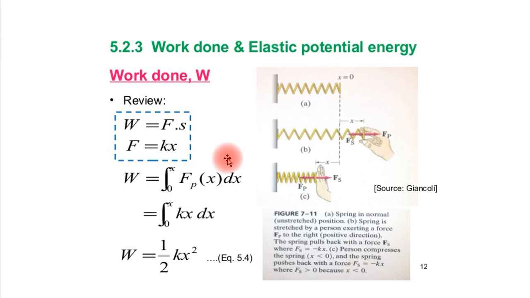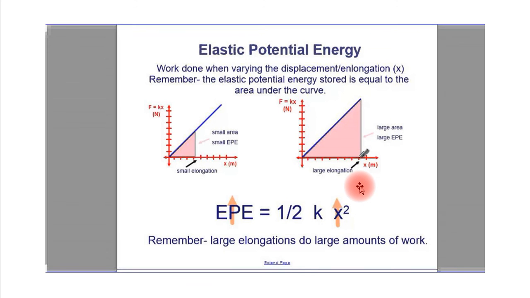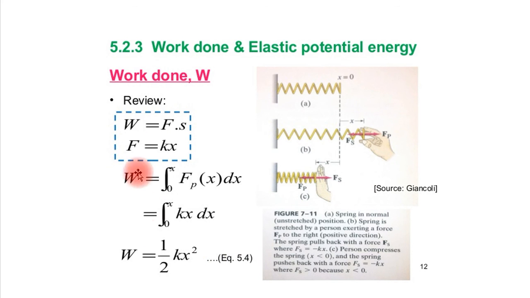This is the proof, according to calculus, of the stored elastic potential energy. This is the actual proof, the expression for elastic potential energy. Already we have discussed it through a graph and through the calculus method. This is the expression for elastic potential energy.